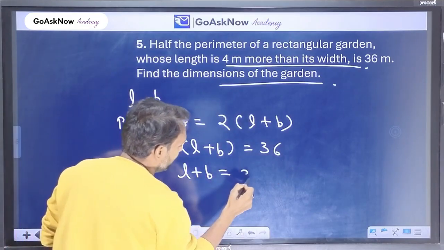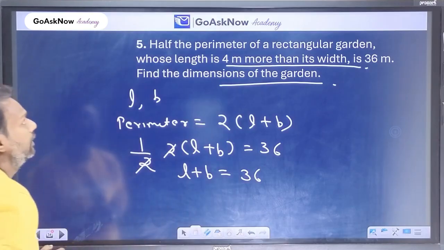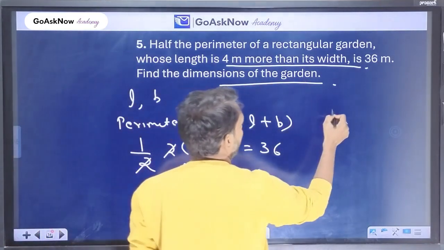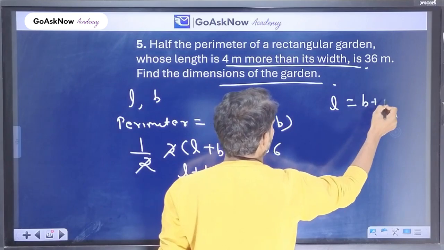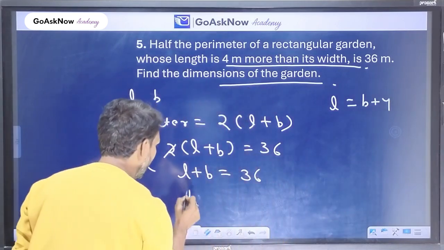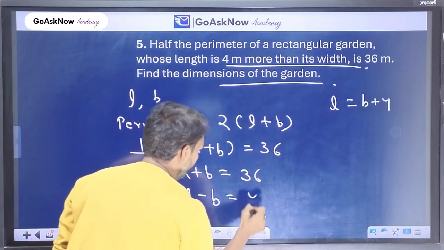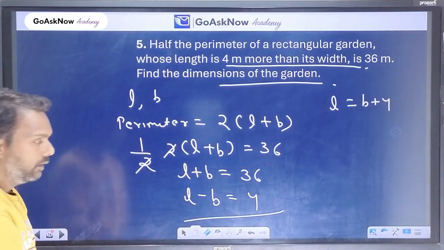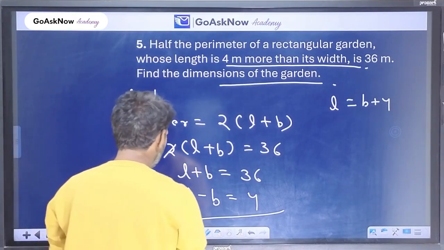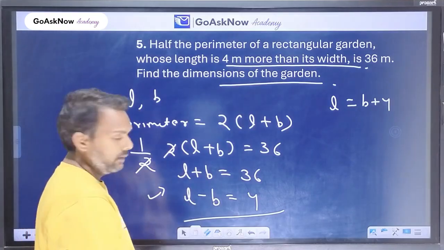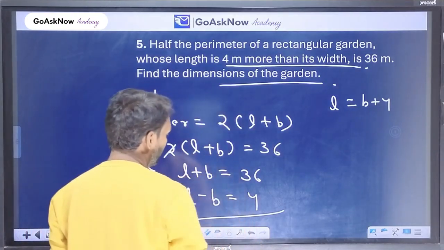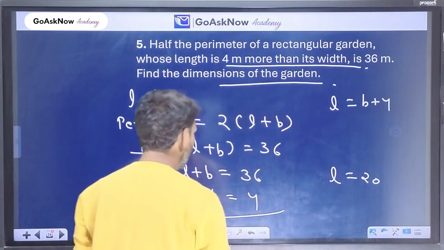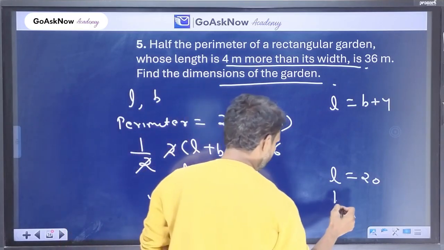L plus B equal to 36. Also, length is 4 meter more than width. Length is equal to B plus 4. So we have L minus B is equal to 4. You solve it graphically and you will find out that length is 20 and breadth is 16.